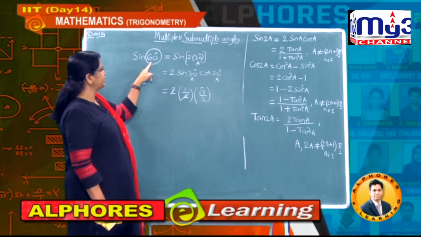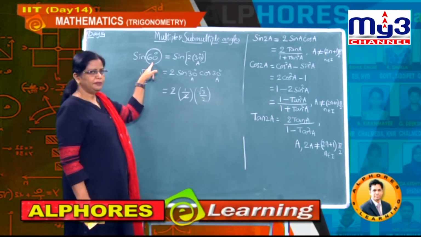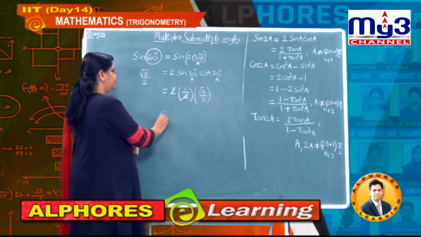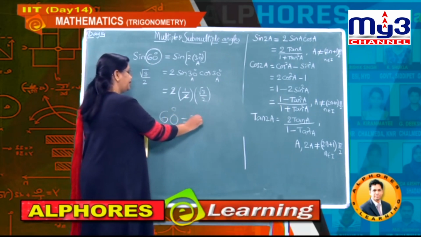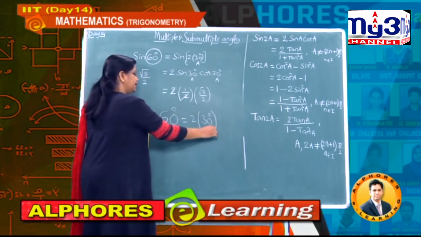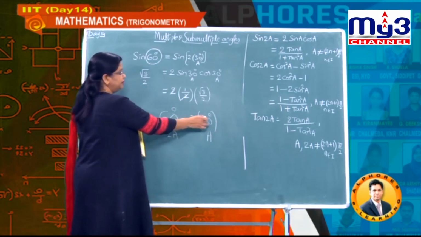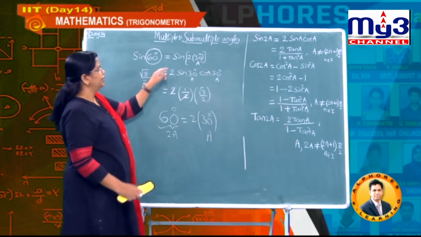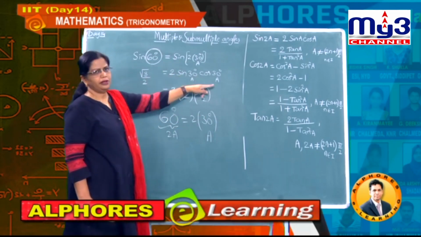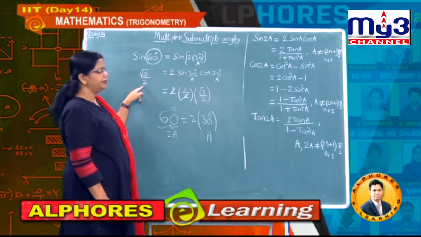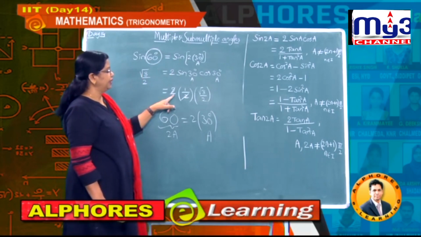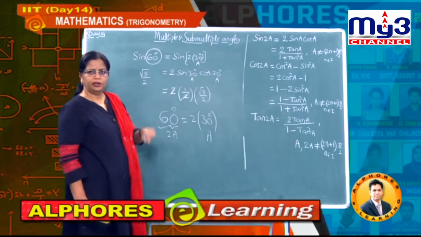So sin 60, what is our A in this problem? 60 we wrote as 2 into 30 degrees, and this 30 degrees you have taken as A. So this is 2A and this is 2 into 30 degrees, and thereby you got 2 sin A cos A. Sin 60 is root 3 by 2, the known value, and here we wrote 1 by 2 and root 3 by 2.